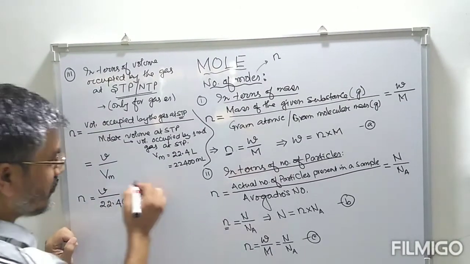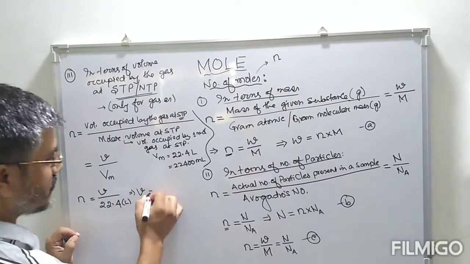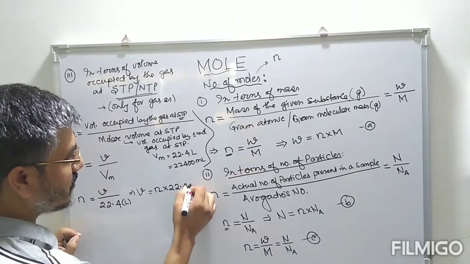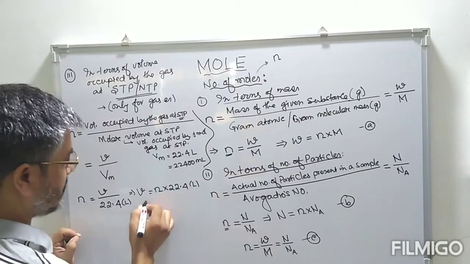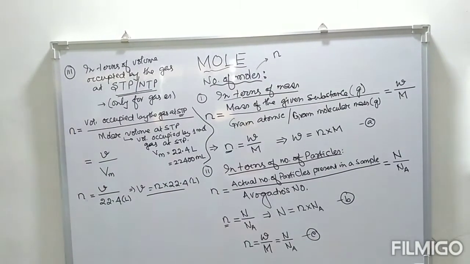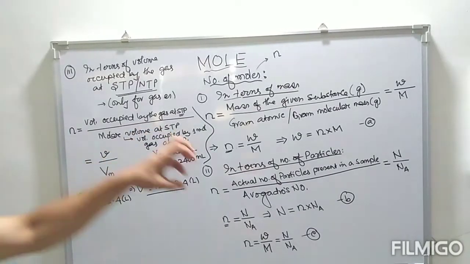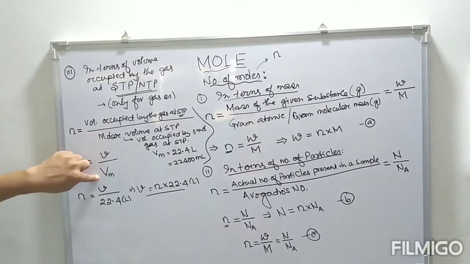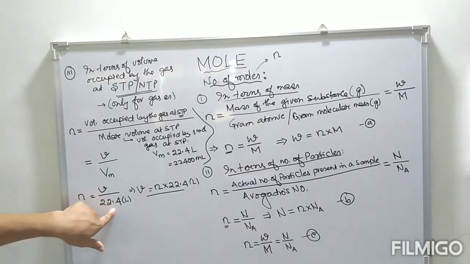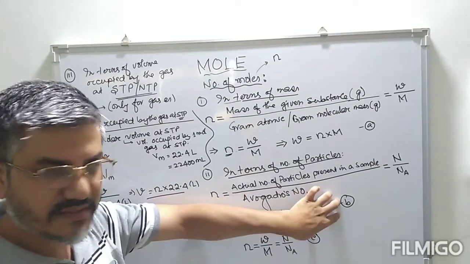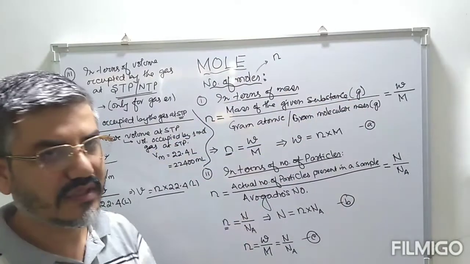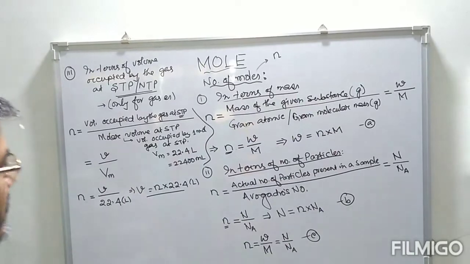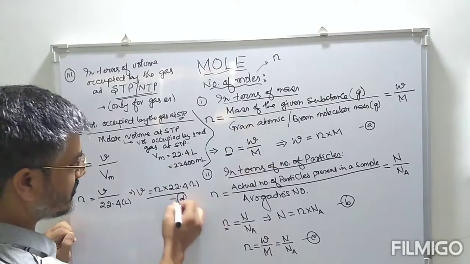So therefore, the volume occupied by the gas at STP is equal to number of moles multiplied by 22.4 liter. So this is only for gas: volume divided by molar volume, that is 22.4 liter. That is in terms of number of particles. This is in terms of mass of the given substance. Let this be equation B.